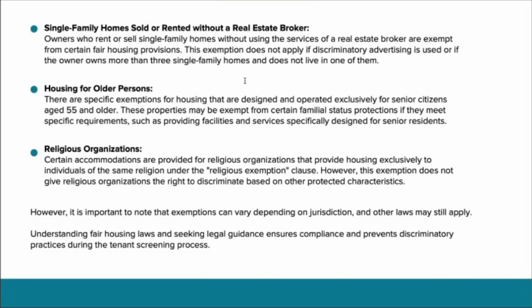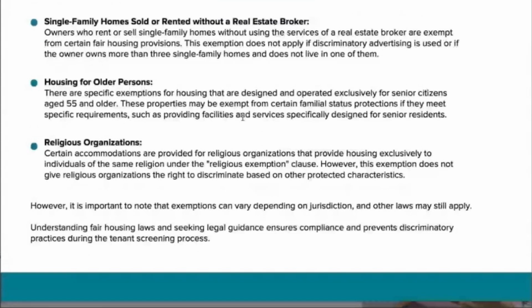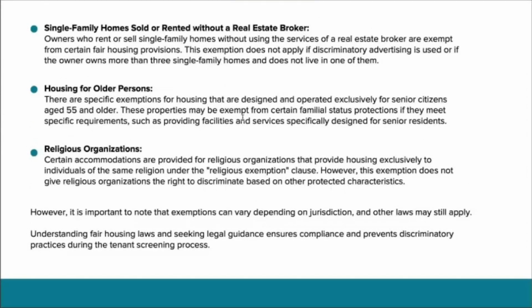Housing for older persons, of course, there are senior citizen properties that are fully within legal rights to rent out to age 55 and older, and other similar properties like that. And religious organizations, certain accommodations are provided for religious organizations that provide housing exclusively to individuals of the same religion under the religious exemption clause.